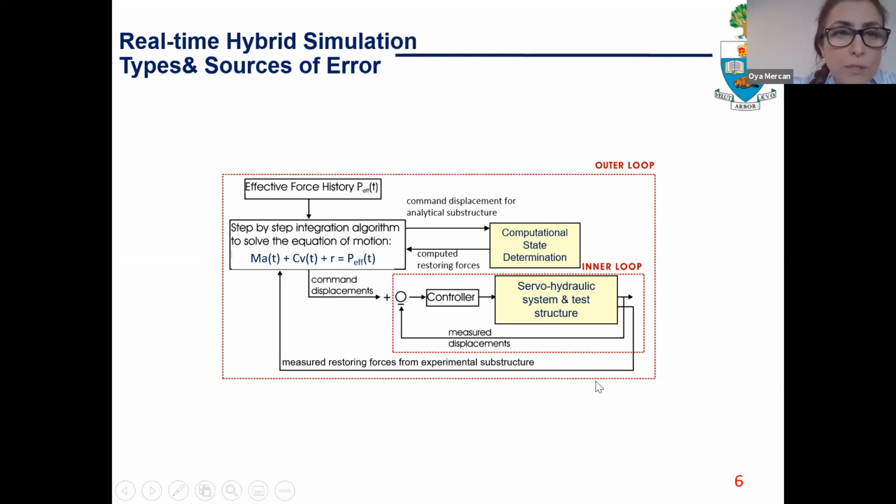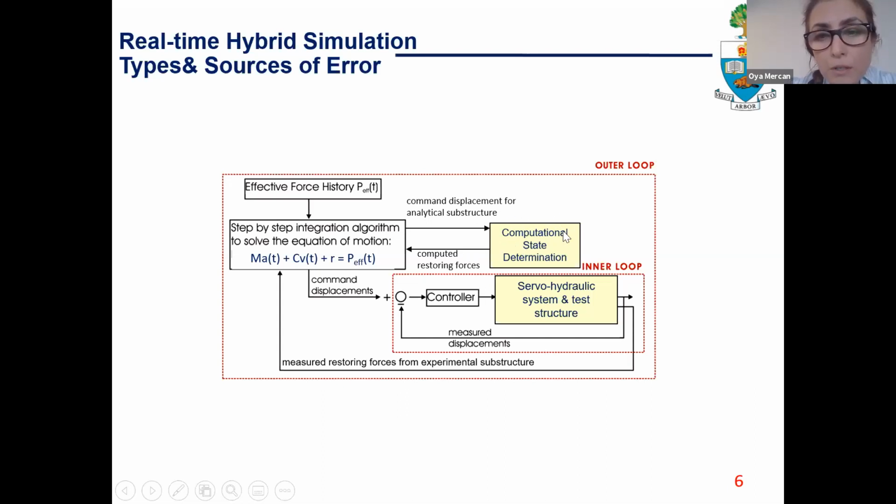So inherently, both pseudodynamic test methods and hybrid simulation and real-time hybrid simulations, these all can experience accuracy and stability problems as a result of error propagation.